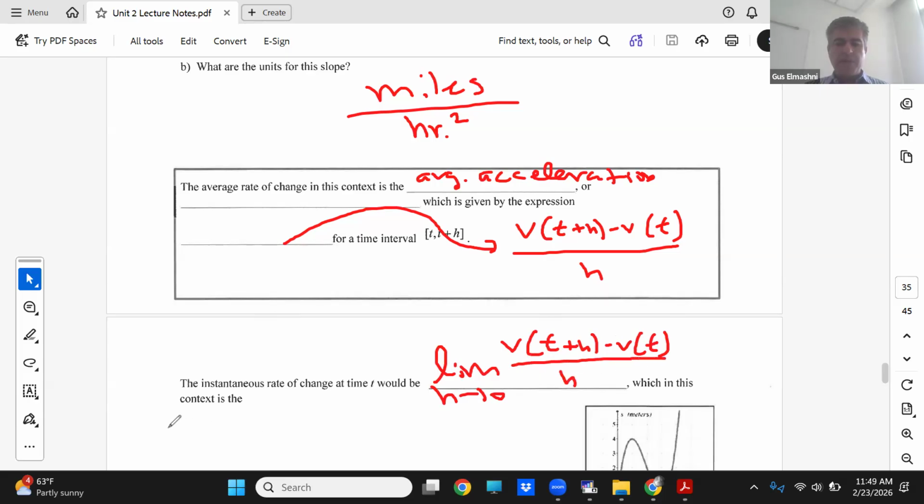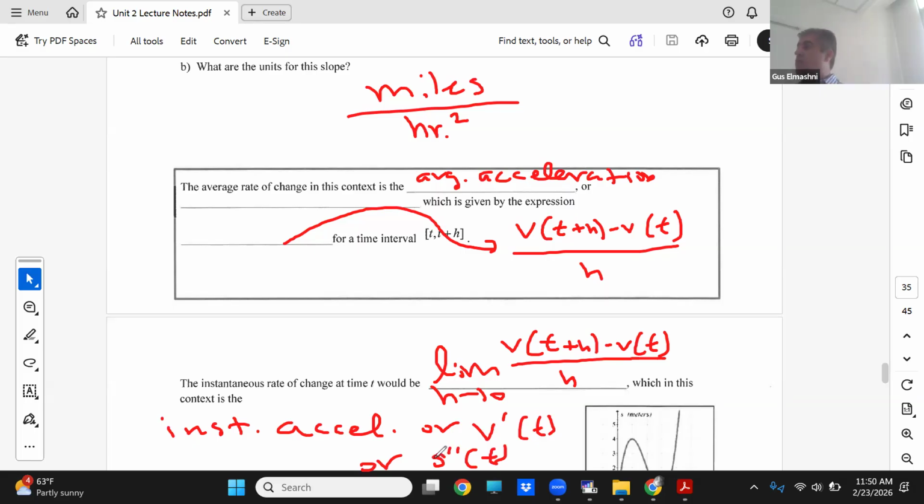Well, in this context that would be the instantaneous acceleration, or v prime of t. Or you could think of it as s double prime of t. Remember, s is position. So you take the position function, do the derivative twice, and that's acceleration.